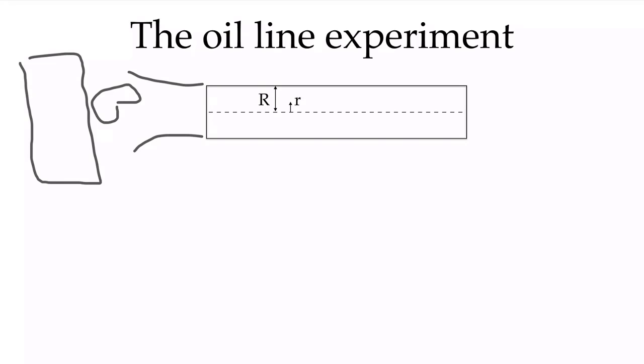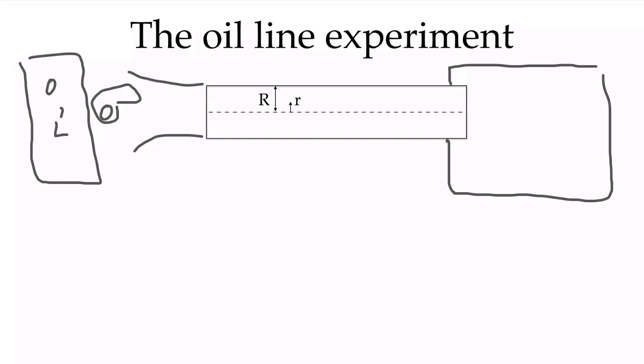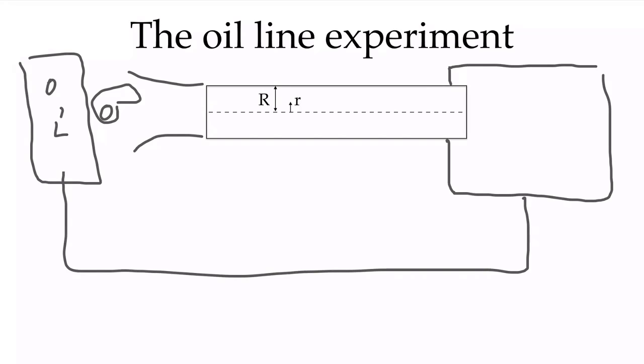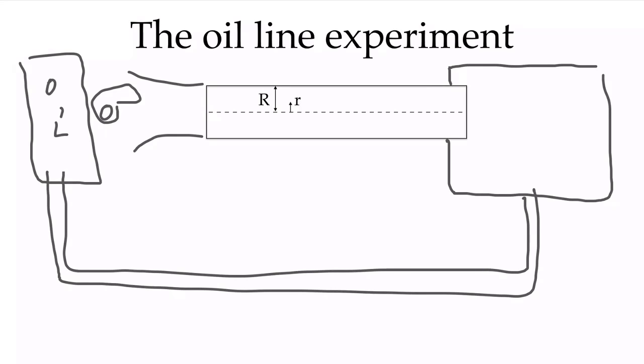So here we have oil, here we have a pump, we pump that into our pipe, and then maybe we put a nice window on here so we can see what's happening as the oil comes out, and then collect it into another pipe and return it back to the reservoir so we can keep circulating this through here. And then we're going to put pressure taps along here, and we're going to measure P1, P2, P3, P4.